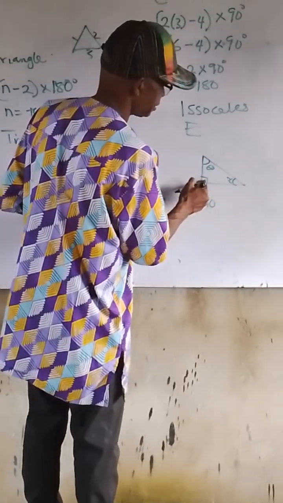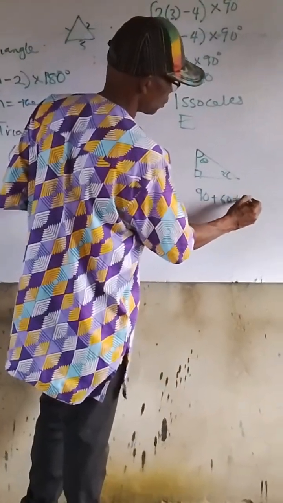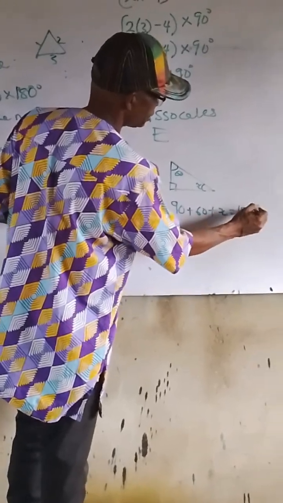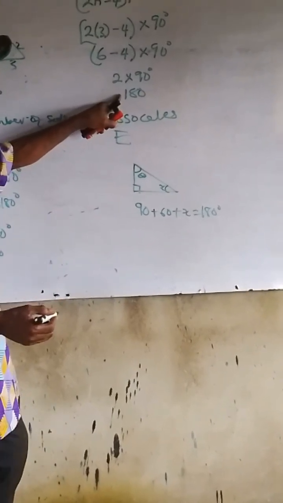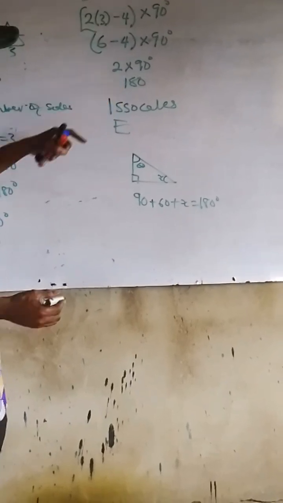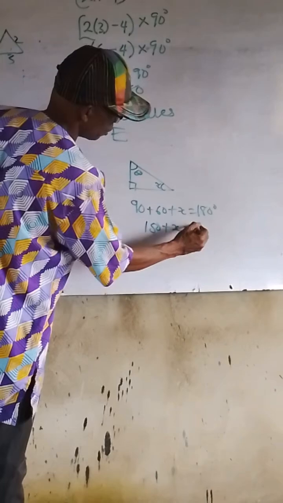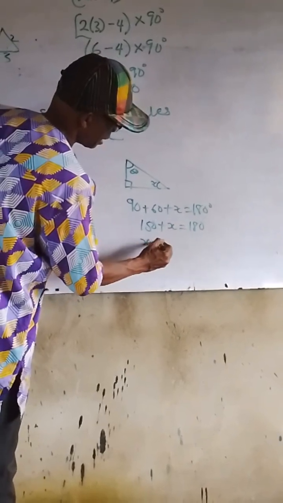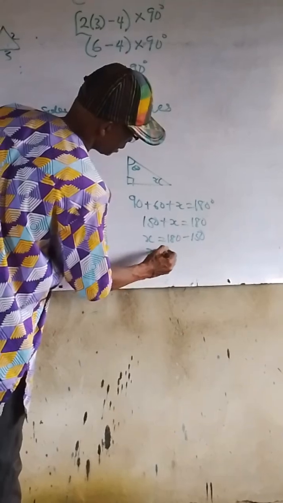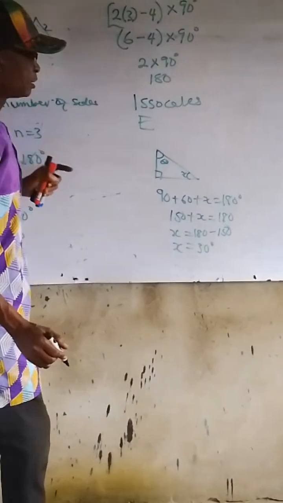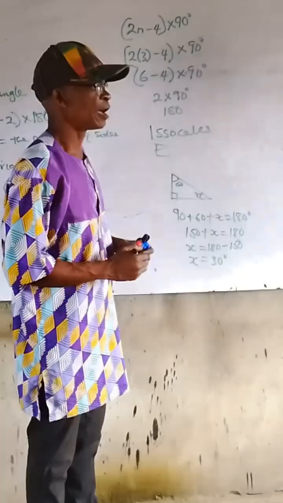Then it will be 90, because this place represents 90, as it is a right angle, plus 60, plus x is equal to what? 180 degrees, because it is a triangle. Remember that the triangle adds up to 180 degrees as a three-sided figure. So this plus this, you have 150 plus x is equal to 180. So x is equal to 180 minus 150. That is x is equal to 30 degrees. That means you can now see that the three angles involved are not equal.